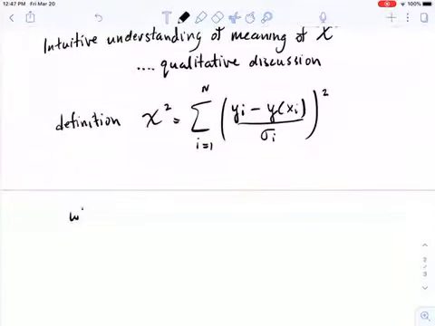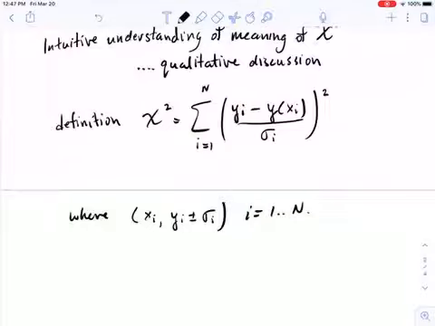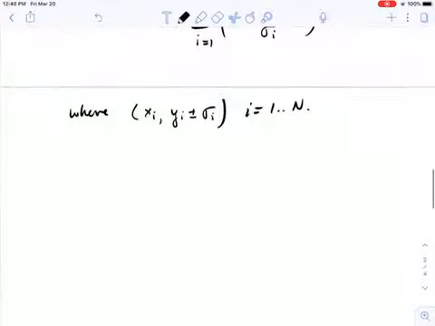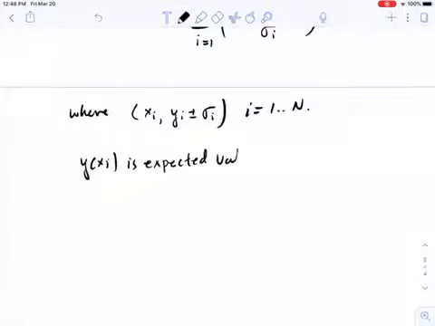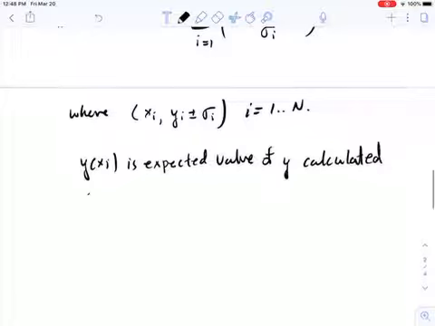Where we assume that we've measured xi and yi plus or minus sigma i for i equal to 1 to n. Okay, so y of xi is the expected value of y calculated from our theoretical model.